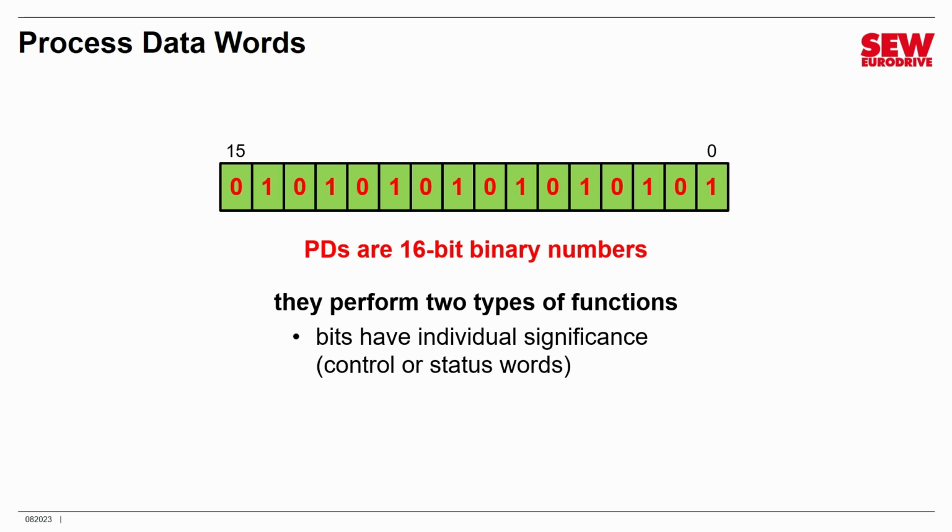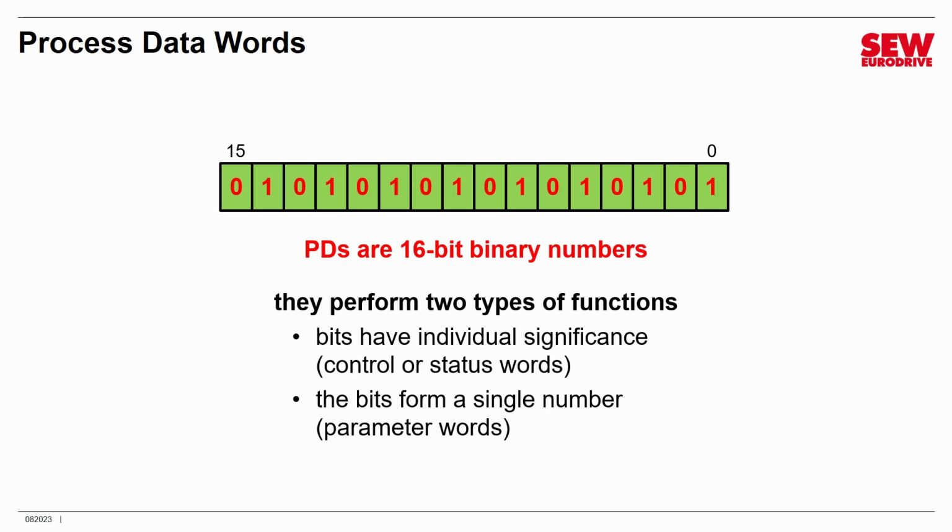So when you turn on individual 1s and 0s, you're going to be controlling features in the VFD, like enabling it or disabling it, clearing a fault. The VFD, when it sends information back, can also use this strategy to tell the PLC what the VFD is doing. The PLC will have to look at those individual on-off bits to know what's going on. So that is one thing you can do with processed data words.